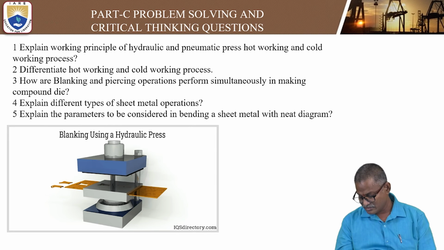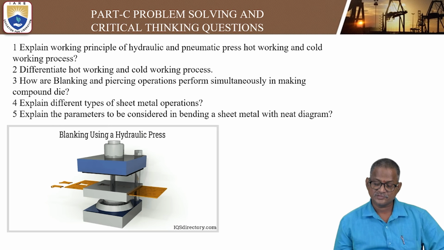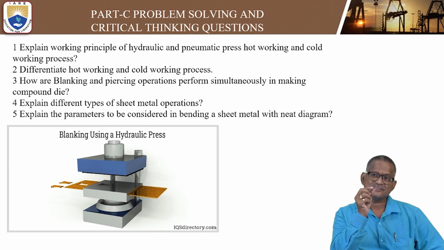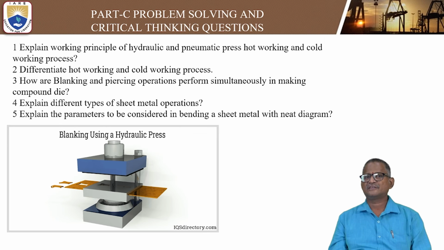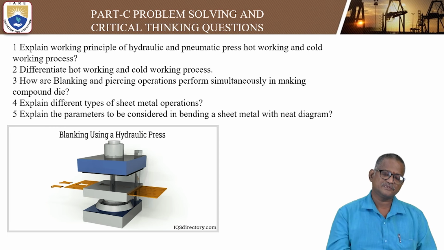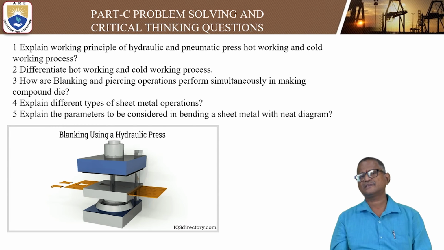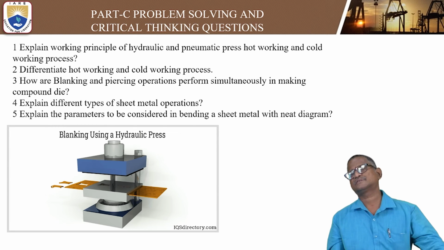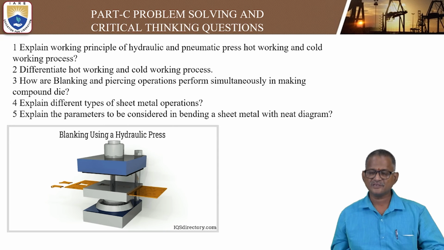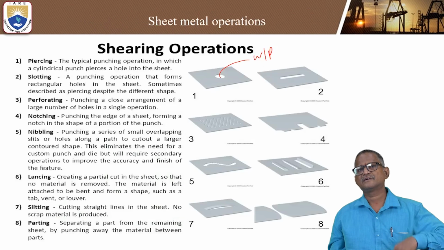In critical thinking, you need to think about how you will perform a blanking operation or punching operation, where exactly the same amount of temperature and pressure should be applied. And what are the different types of sheet metal? That is what I have explained clearly.